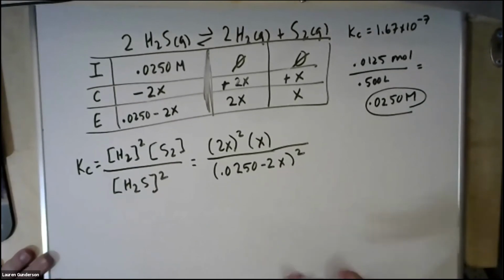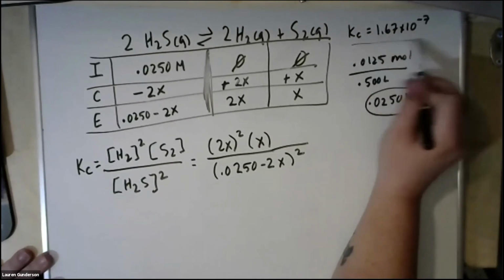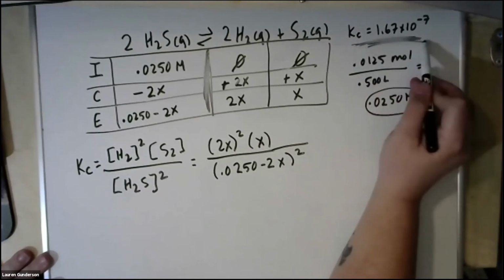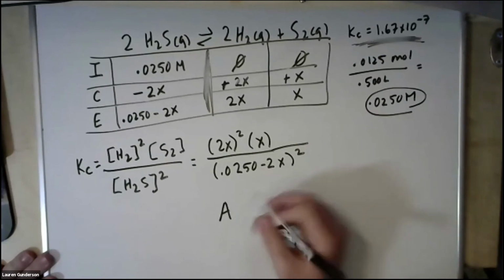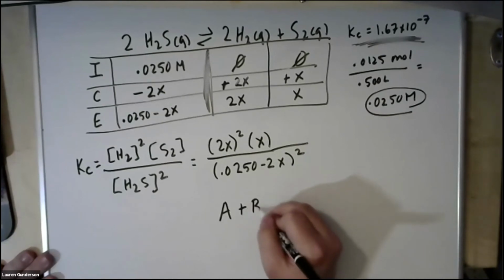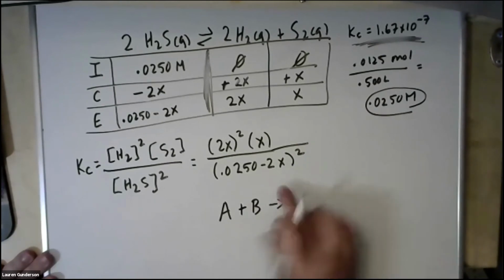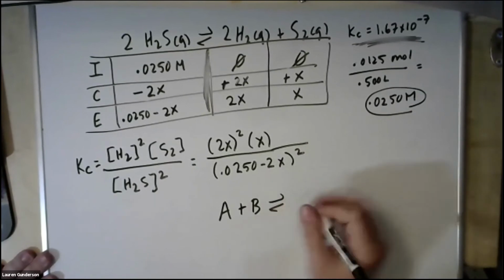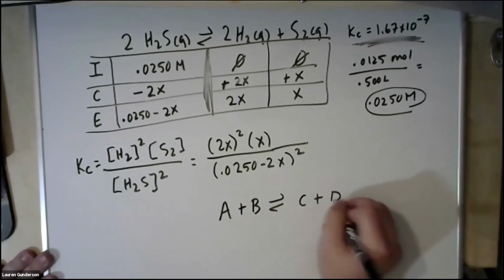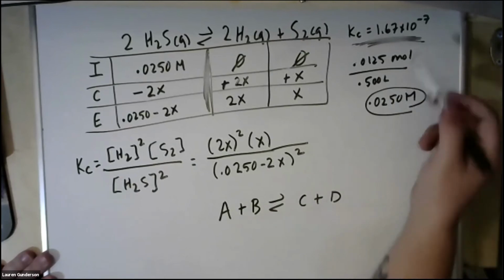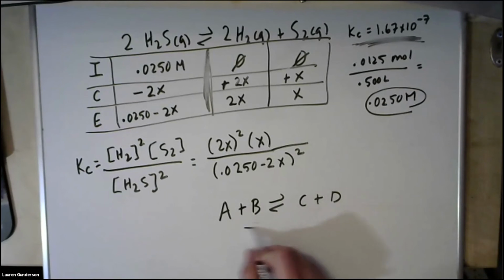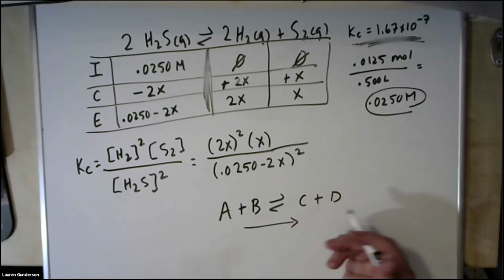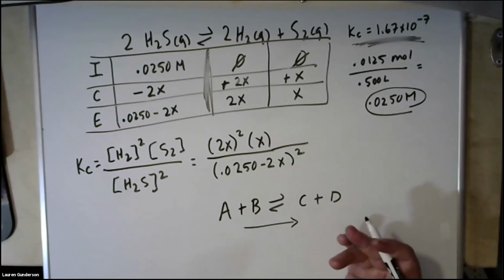So when your K value is very, very small, what this means is that if this is your reaction, for example, A plus B produces C plus D, when you have a K value that's very small, that means that your forward reaction or the formation of products is not favored in that reaction.